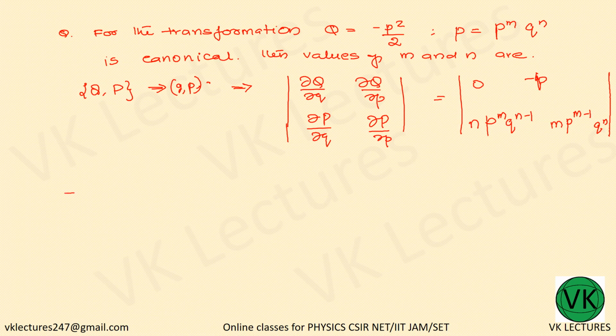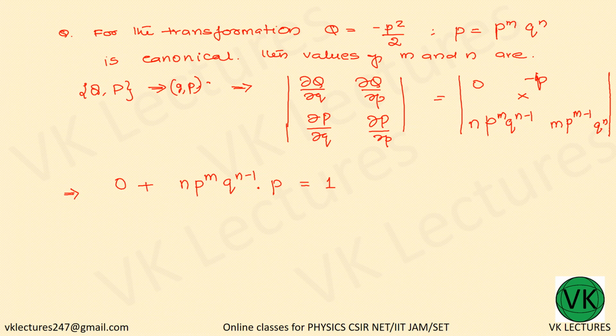Now this gives us 0 minus, that is this, so 0 into minus n P to the power m Q to the power n minus 1 into P. The determinant has to be equal to 1, minus and minus, so this becomes plus.